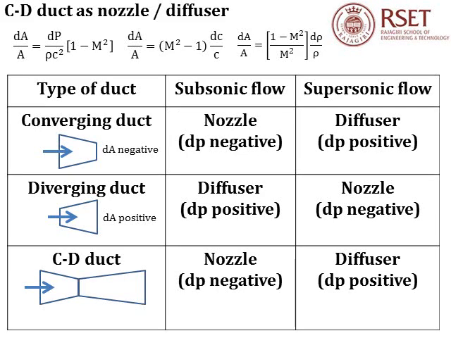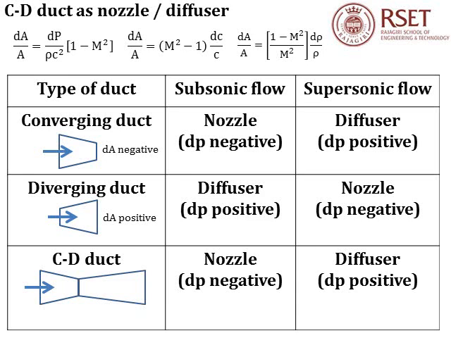Now let us see how a CD duct can act as a nozzle or as a diffuser. The CD duct is a combination of a converging duct and diverging duct. For the CD duct to act as nozzle, there should be continuous drop in pressure as the flow progresses through the CD duct.